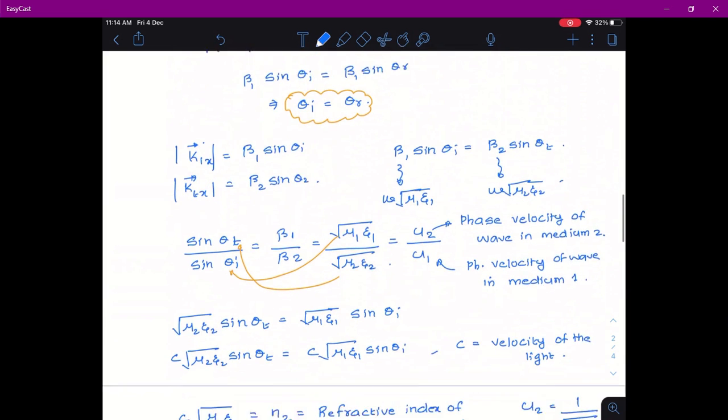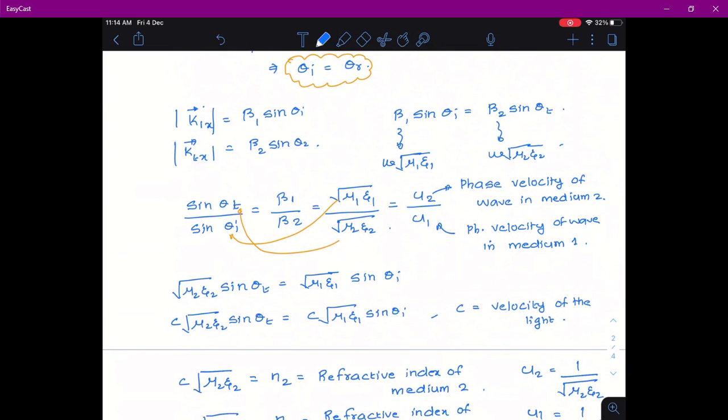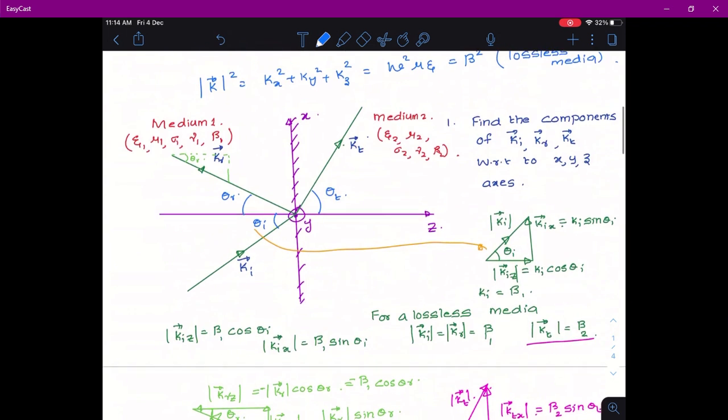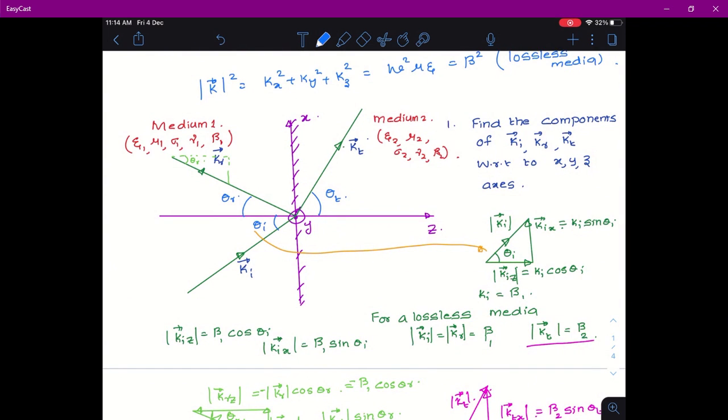So this is the general case where we have considered lossless media. The wave is traveling in some arbitrary direction. It is incident on the boundary. It gets reflected and gets transmitted, and there is a corresponding angle for each.